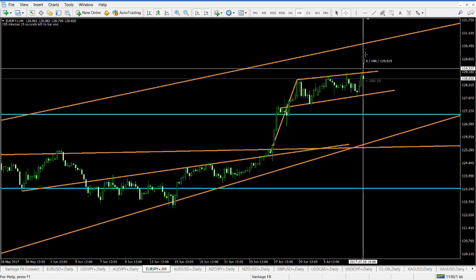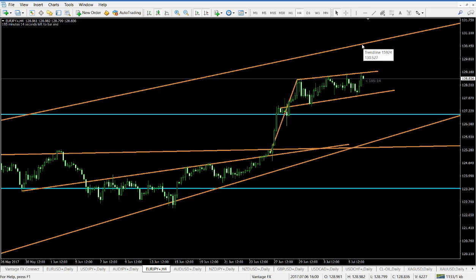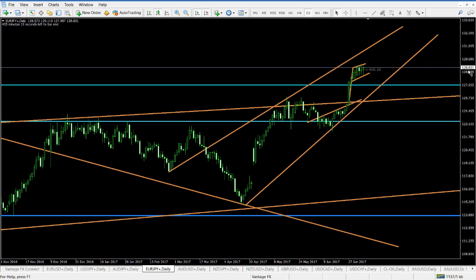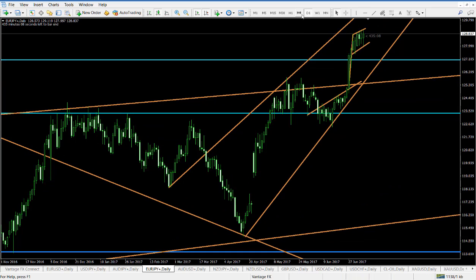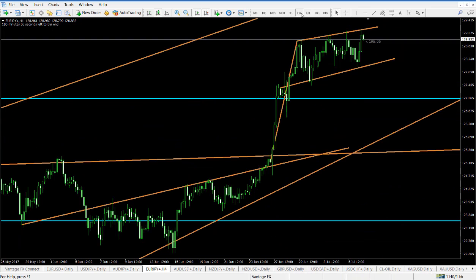If you enter here, your 120 is going to be the top of this channel, the daily channel, as you can see. We need confluences, so all these lines drop on each other, so it's going to be a good target there.